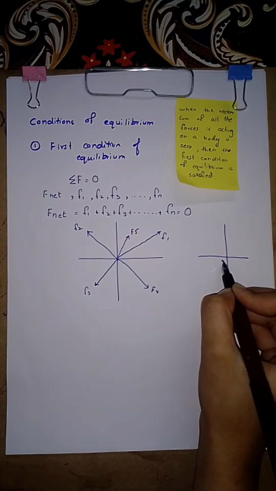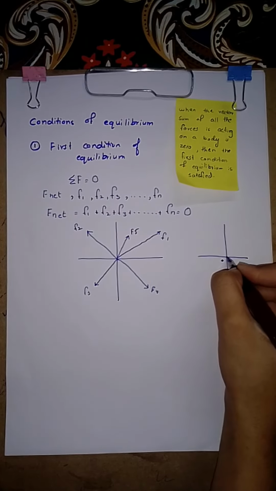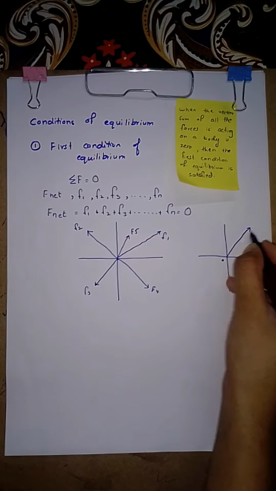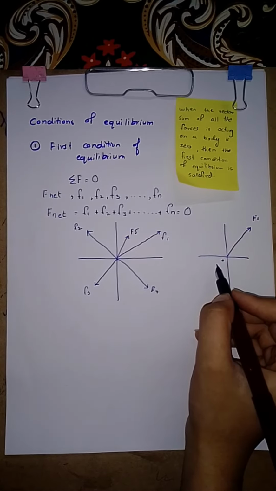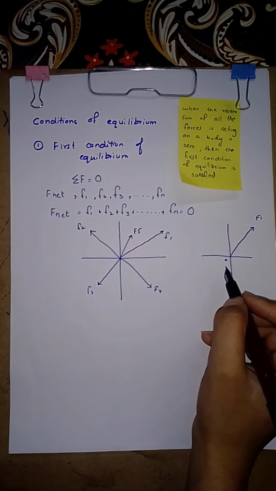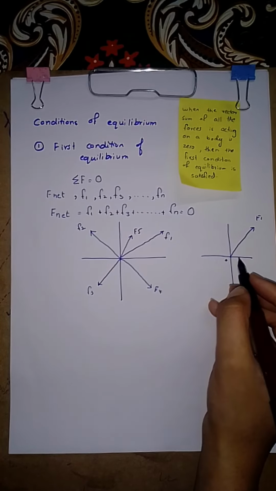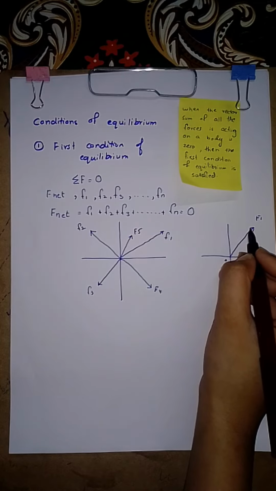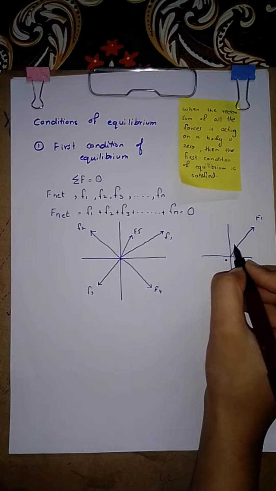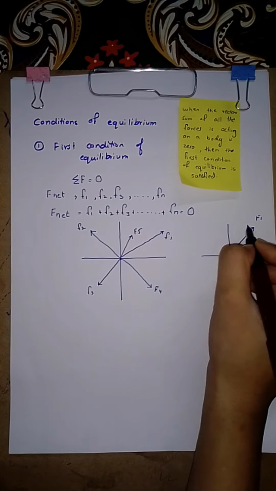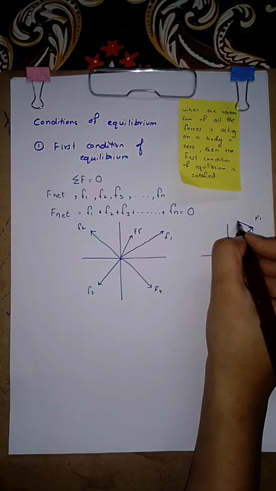Here I will draw an origin point and draw a force in this plane, F1. Then on the head of F1 I place the tail of F2. I am going to draw F2 in this way.